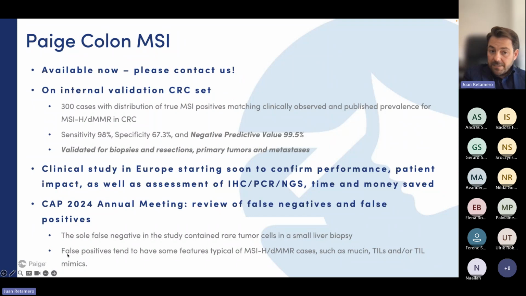Generally speaking, in this validation test, that's what a false negative looks like. False positives, on the other hand, tend to look more like the phenotype typically associated with MSI high tumors, which involves tumors with mucin, with tumor infiltrating lymphocytes, or things that look like tumor infiltrating lymphocytes.